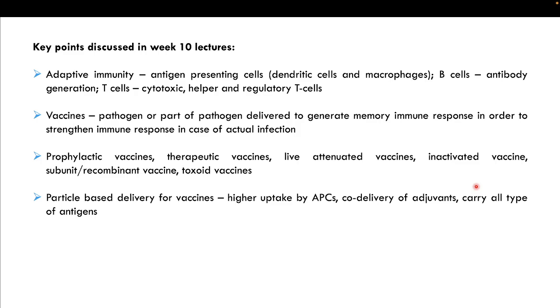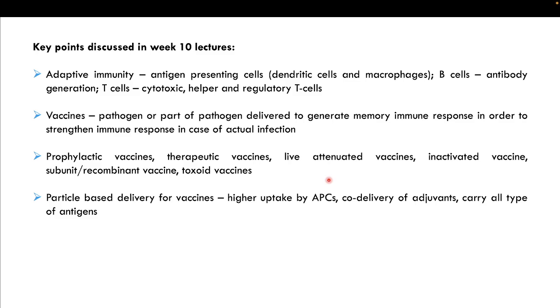So our main aim of delivering vaccine with particles is we want most of the vaccine content, whatever it is, the live attenuated pathogen, or it could be a subunit pathogen, to go into these macrophages, which will then enhance the immune response by antigen presentation. So we want most of these particles to go there.